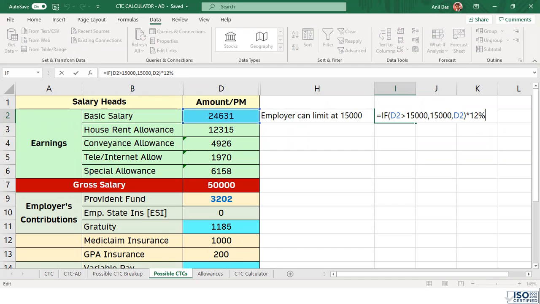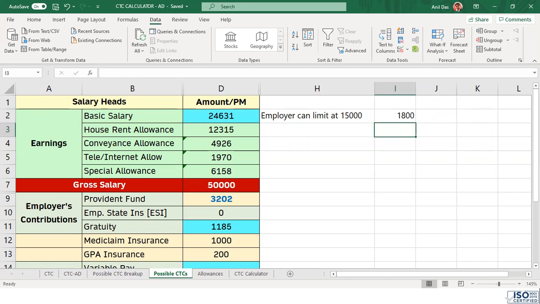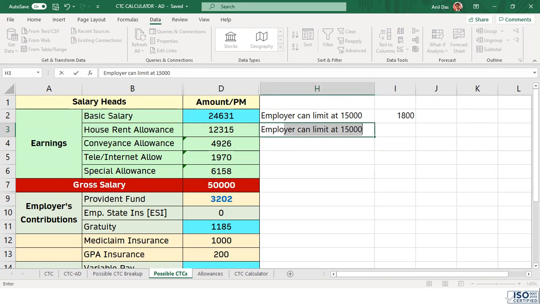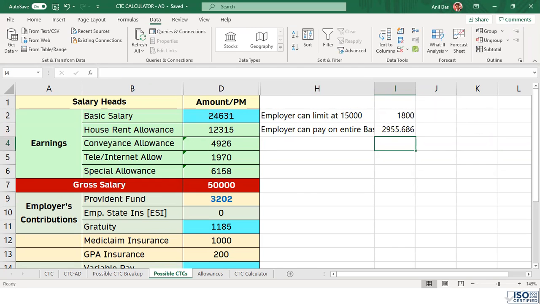If it is more than 15, take 15 only. And if it is not more than 15, calculate on the exact salary. So the employer can contribute on 15, or the employer can pay on the entire basic also. The employer is free. The employer can pay this amount also as PF.